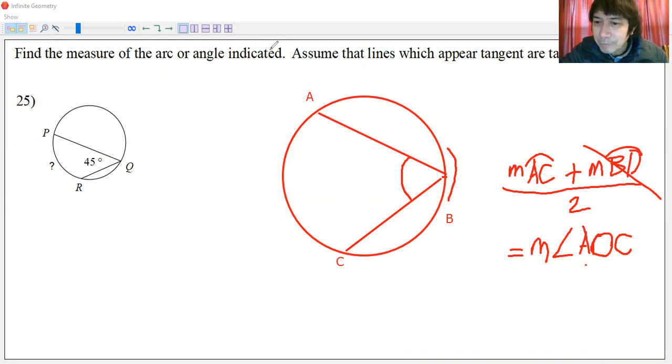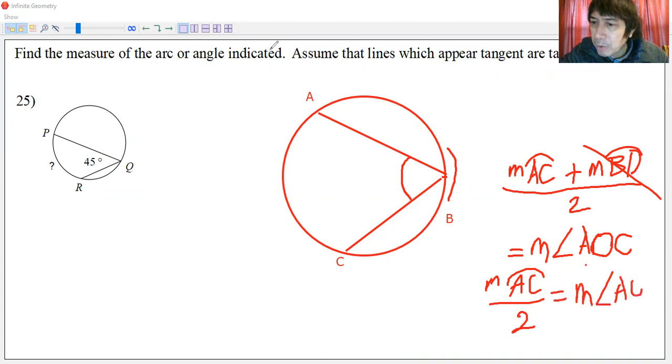Our equation now is the measure of the arc AC divided by 2 will still be the angle AOC. And it becomes an inscribed angle, and so this arc here divided by 2 is the angle here. You're going back to the inscribed angle, but still the same formula is applied.